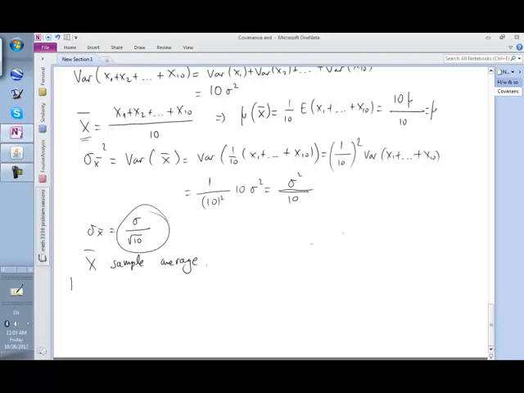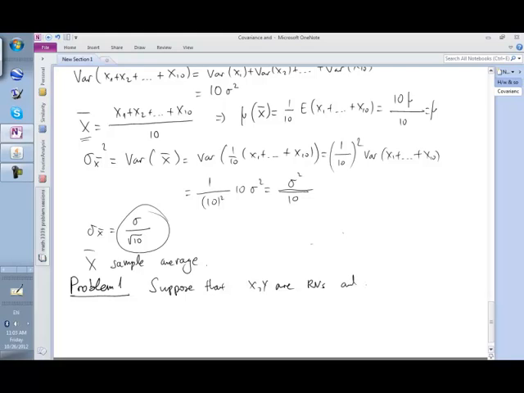So problem one, I'm also going to do an application of problem one. Suppose that x and y are two random variables. I don't need to specify whether they are continuous or discrete.